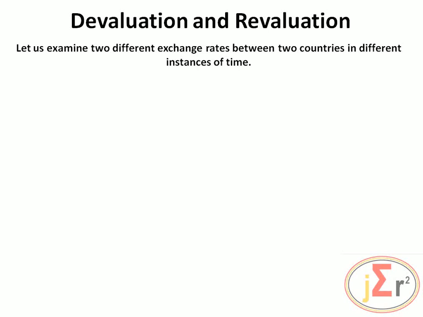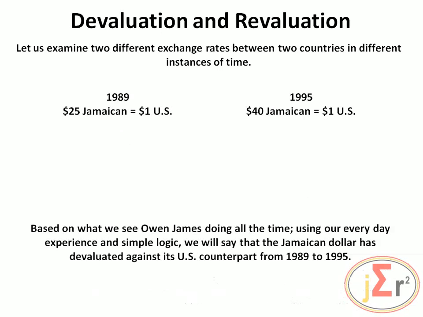Let us examine two different exchange rates between two currencies in different instances of time. 1989, 25 Jamaican to 1 US. 1995, 40 Jamaican to 1 US. So you see that we are taking more of the Jamaican to buy the US.